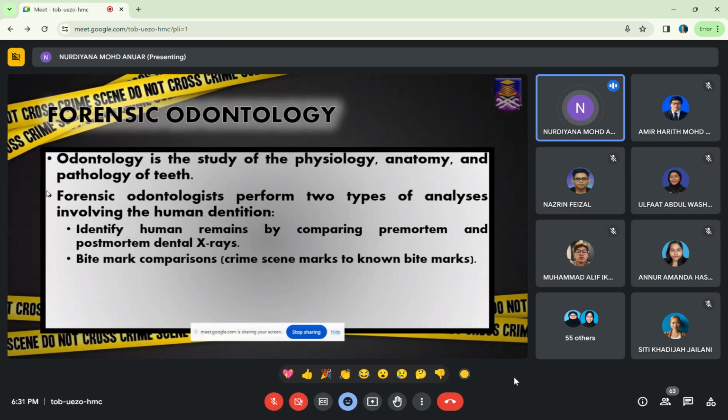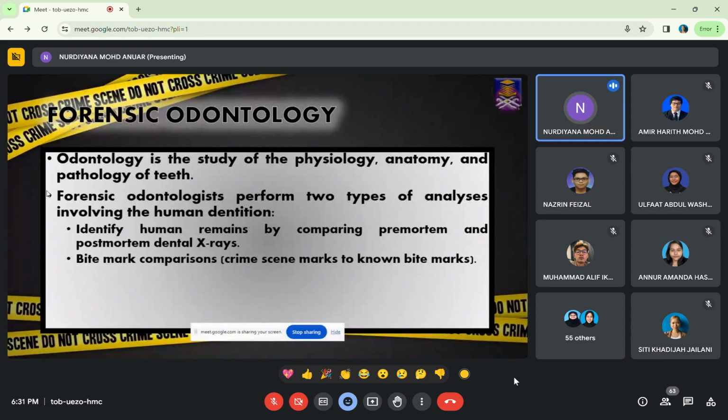Jadi kita buat comparison dengan pre-mortem dental x-ray. Sebab kalau individu tersebut dia jenis yang mungkin tiap-tiap bulan ke ataupun setahun 3 kali ke 4 kali pergi jumpa doktor gigi, akan ada dia punya dental x-ray. So tinggal kita buat comparison and then kita tengok pada susunan gigi semua tu, kita boleh determine siapa mangsa ni.